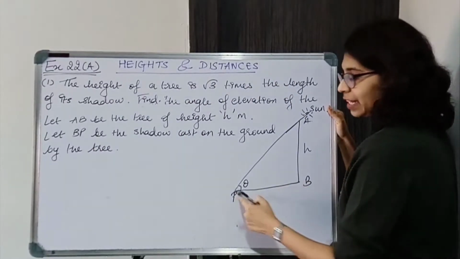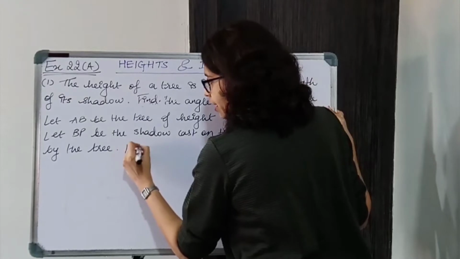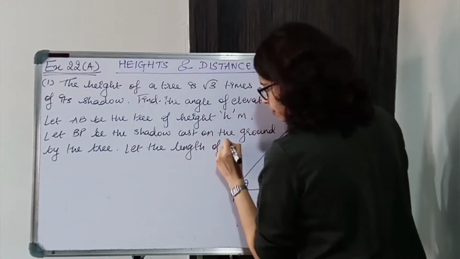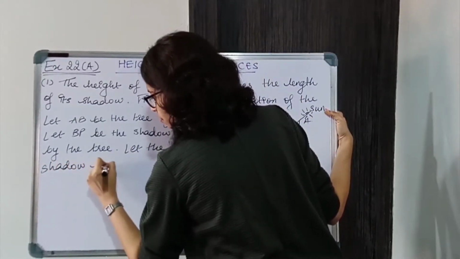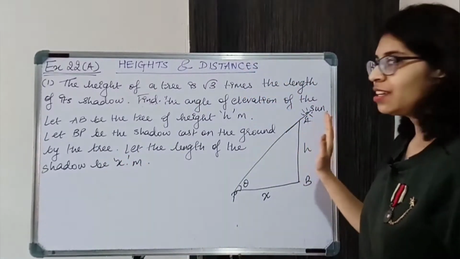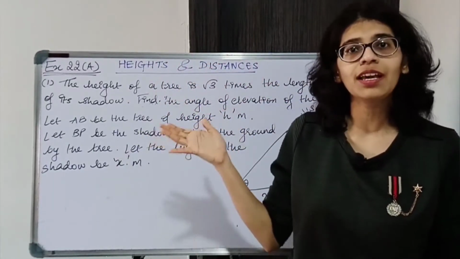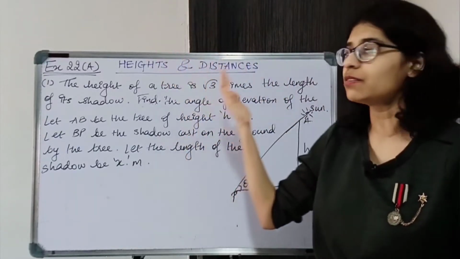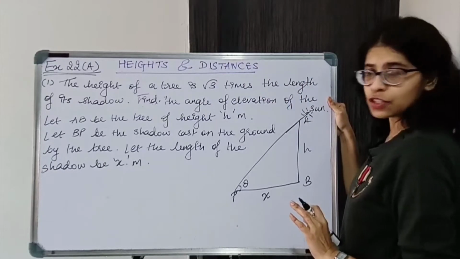Now we'll assume the length of the shadow to be x. Let the length of the shadow be x, again in meters. For a tree, we'll normally consider the height in meters, you don't consider centimeters. Tree has some height, 2 meters, 3 meters, 4 meters. Now this is the length of the shadow.